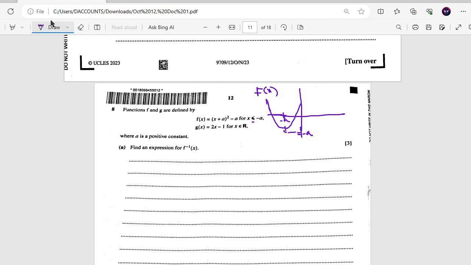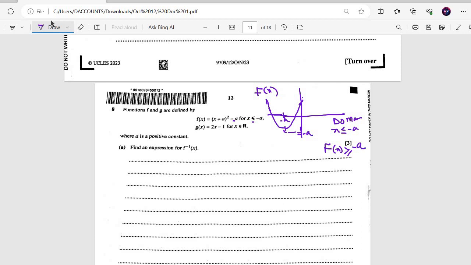I don't think it will go beyond this point, because for f of x, the domain is x less than or equal to, it starts from minus a. From what I can see here, I got the range from the vertex of f of x, minus a and minus a. So the range should be f of x greater than or equal to minus a.